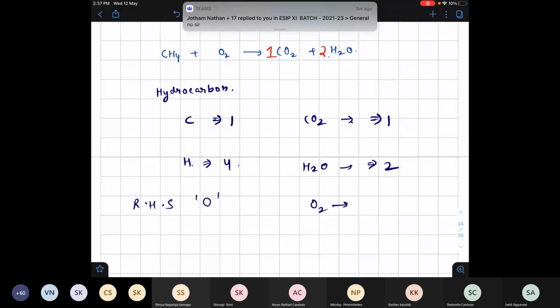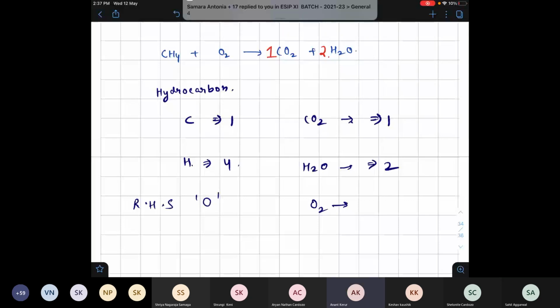How many oxygen right hand side total? 4. It is 4. Anyone want me to explain that 4?